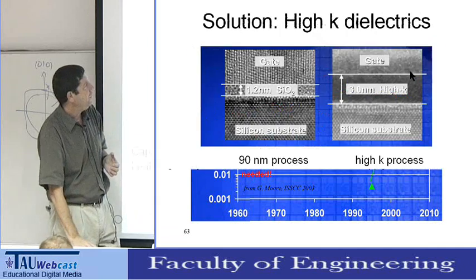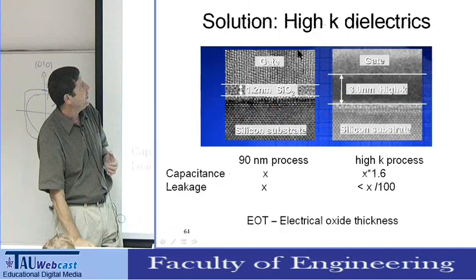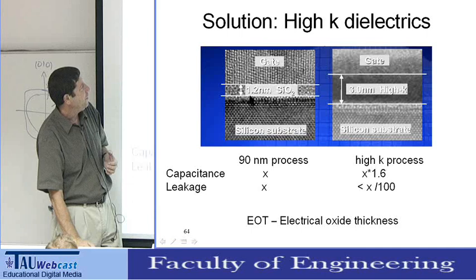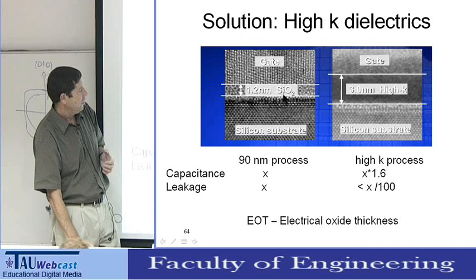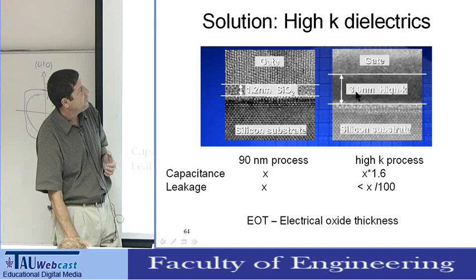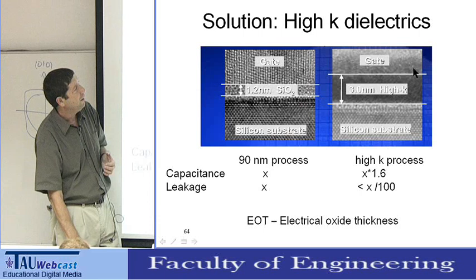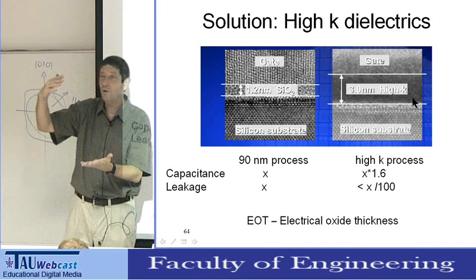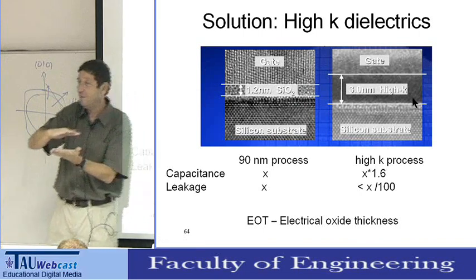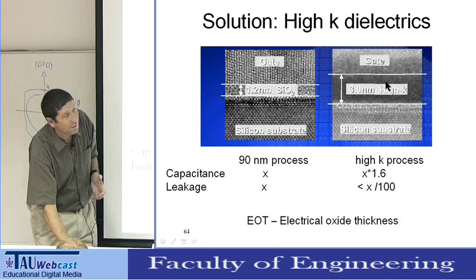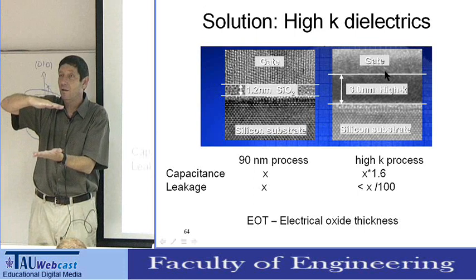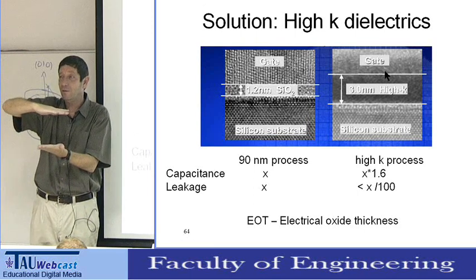So today people switch to high K dielectrics. For example, instead of using 1.2 nanometer SiO2, you can replace it with 3.0 nanometer of a material with a higher dielectric constant. So the capacitance will be the same. But here you don't have tunneling, because now the two electrodes are separated.